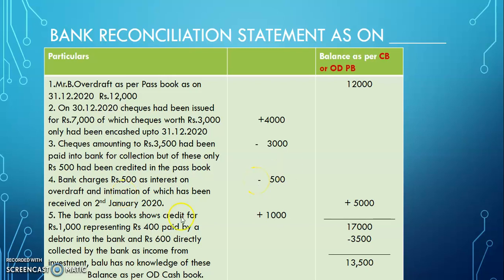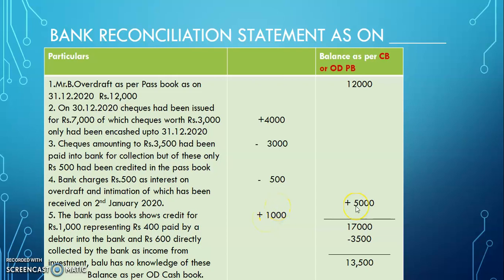And then last one, the bank balance shows credit for ₹1,000. Among this, 400 paid by debtor and then 600 collected by bank as income from investment. So this amount, this instruction are not known to the customer. So the cash book balance is decreased. So here we have to add this 1,000.